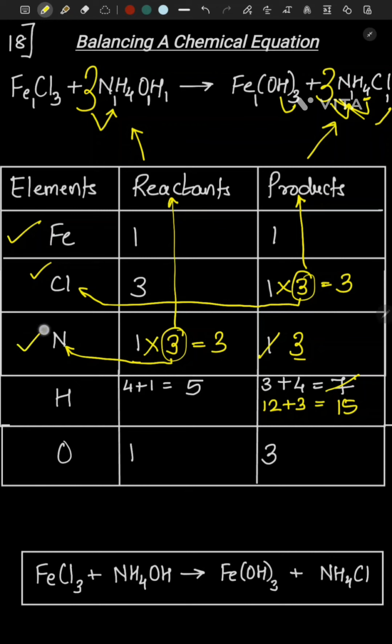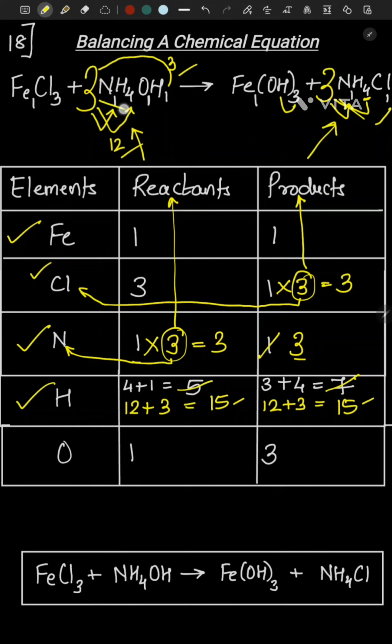Nitrogen becomes 3, so it is balanced, but this 3 will also change the hydrogen atoms. Now 3 times 4, it will become 12. Here we also have 1, so 1 times 3 is 3. So we have 12 and 3. On adding, 12 plus 3 brings it to 15. And when you check the 15 and 15, even hydrogen got balanced.